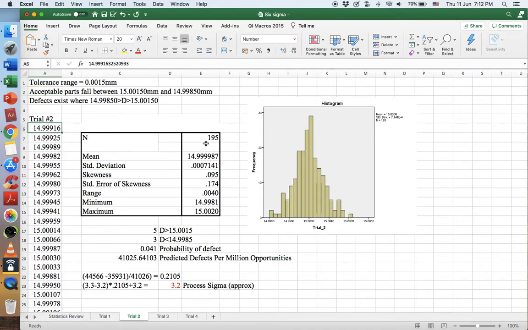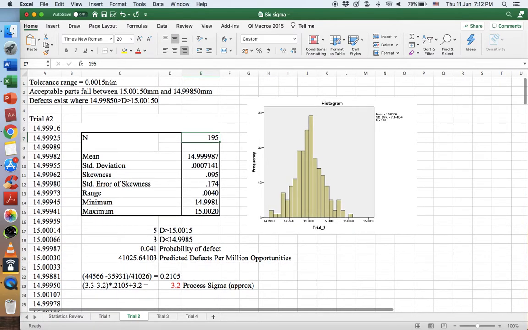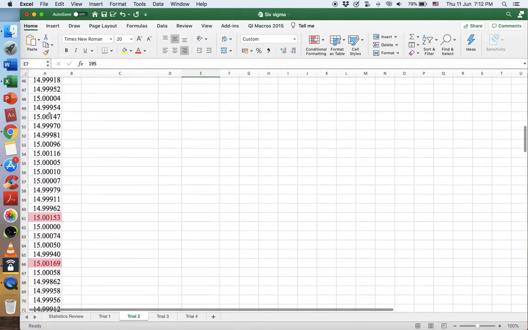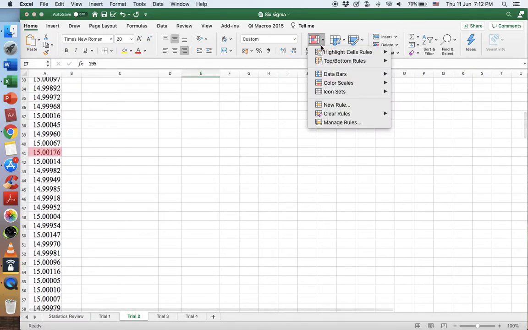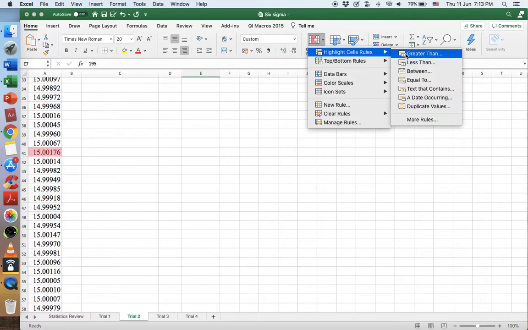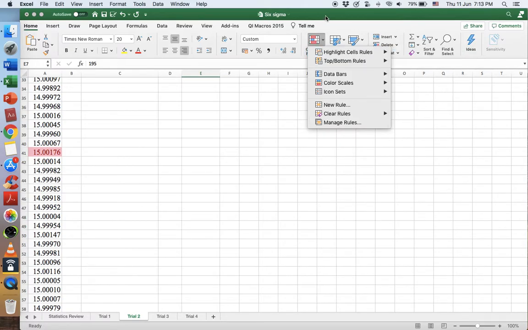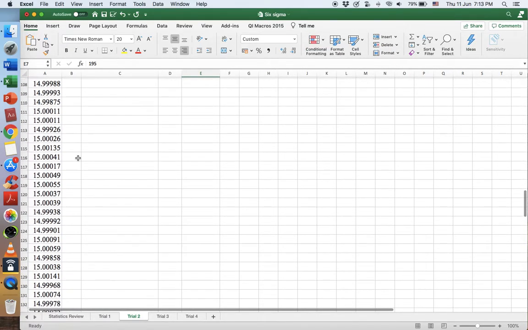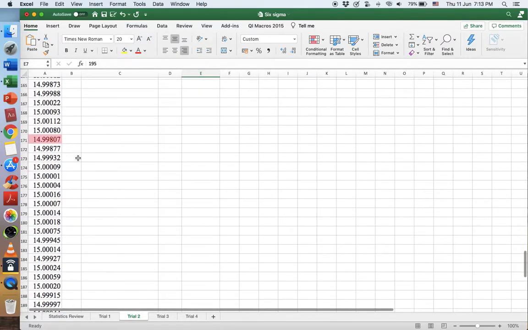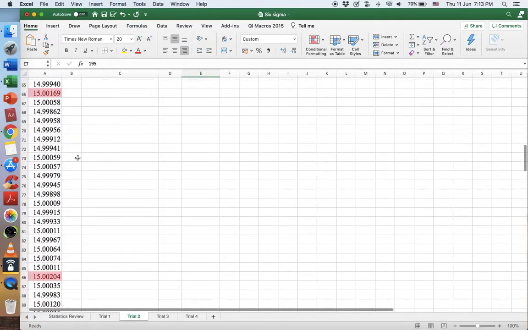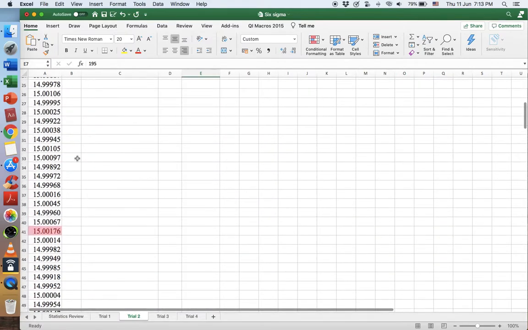Right? In this trial, I took 195 in the sample. We still have the same tolerance range, we still have the same defect range, right? And so again, I've used conditional formatting, greater than 15.0015, less than 14.9915, to highlight those data points, those cylinders that we made, which are outside of our tolerance range.